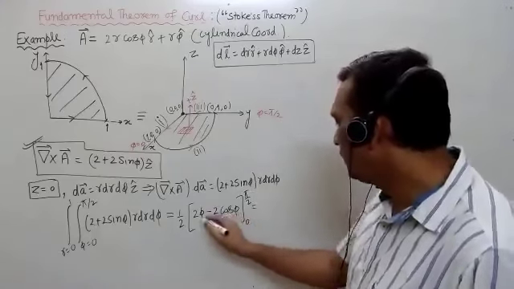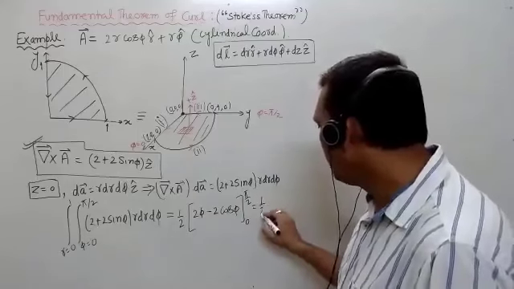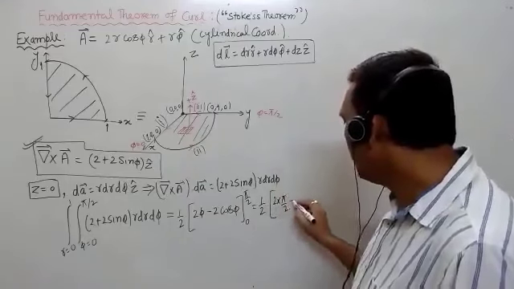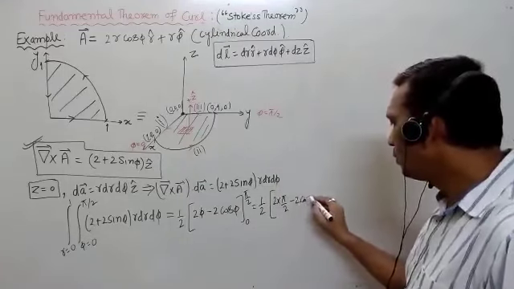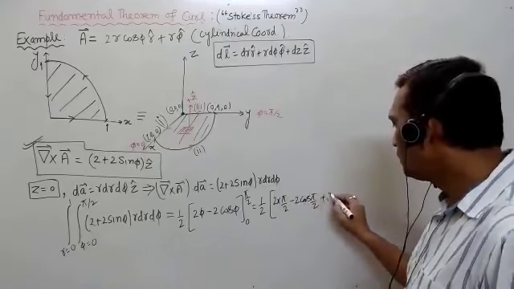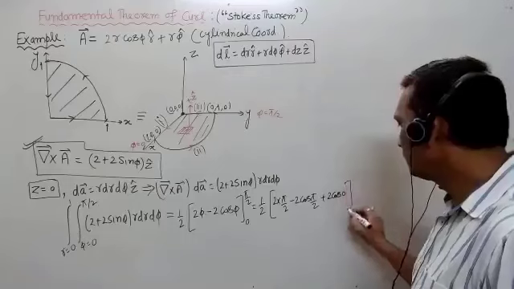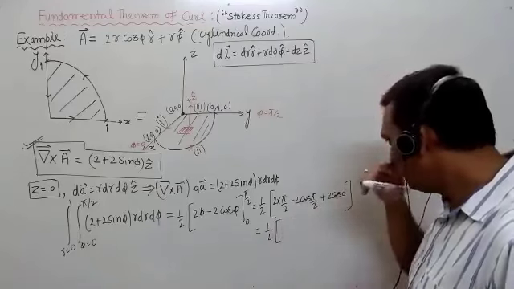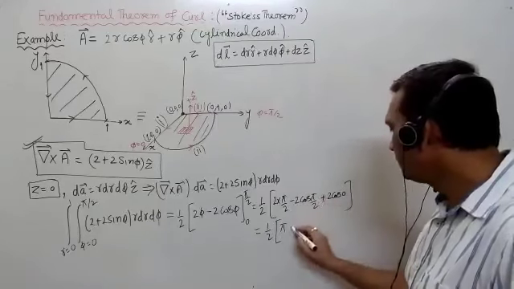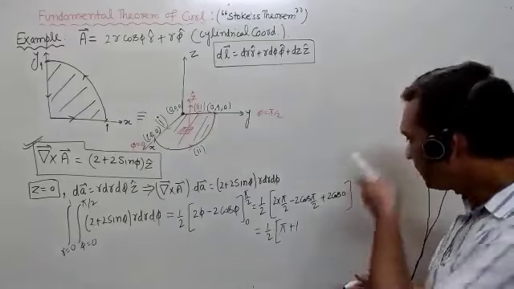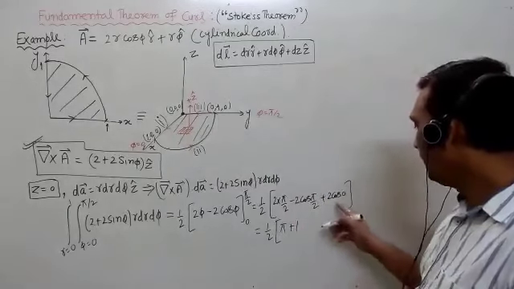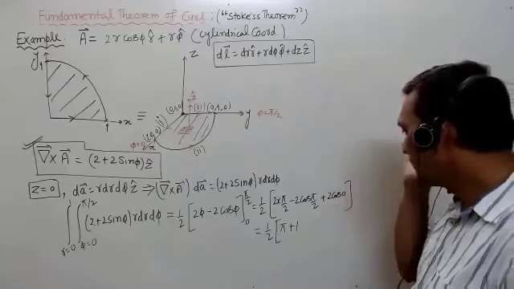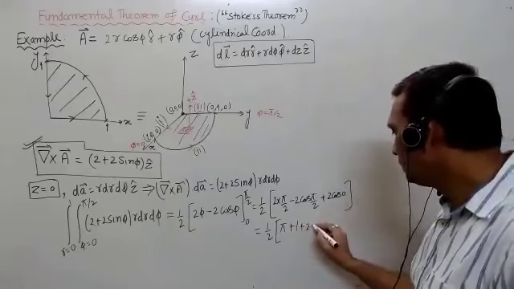So this will give you 1 by 2 times [2 into pi by 2 minus (2 cos pi by 2 minus 2 cos 0)]. Cos 90 is 0, and 2 cos 0 is 2, so plus 2.